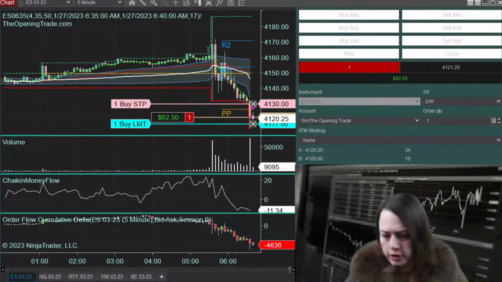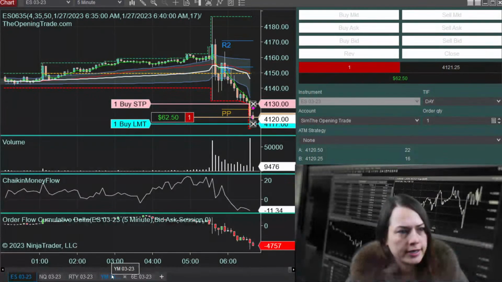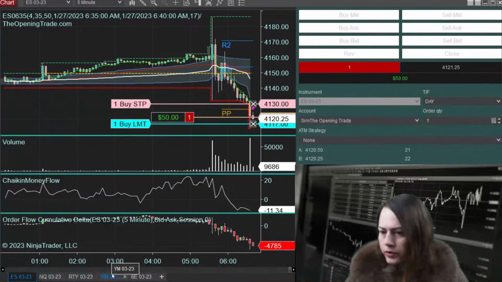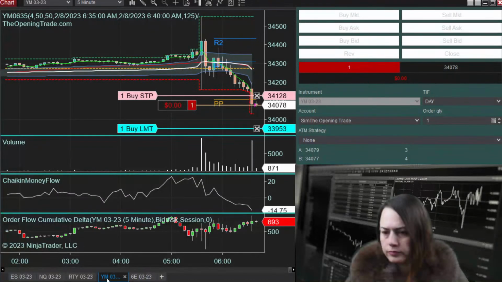Okay, so we're going to watch these two automated trades. We're in an automated trade here on the S&P 500. We're also in an automated trade here on the Dow Jones futures.